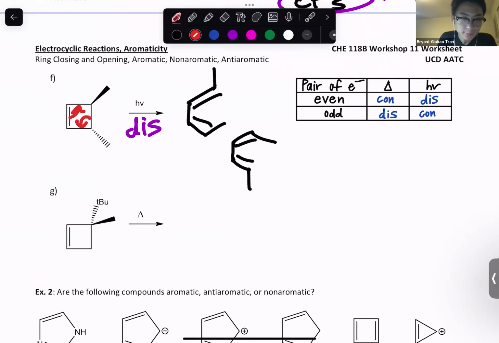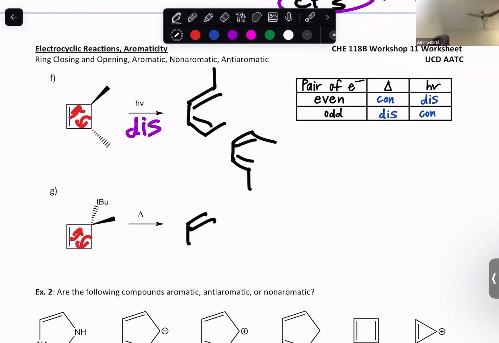Okay. Let's do this one. Oh, what the heck? This is weird. Yeah, both are on the same side.